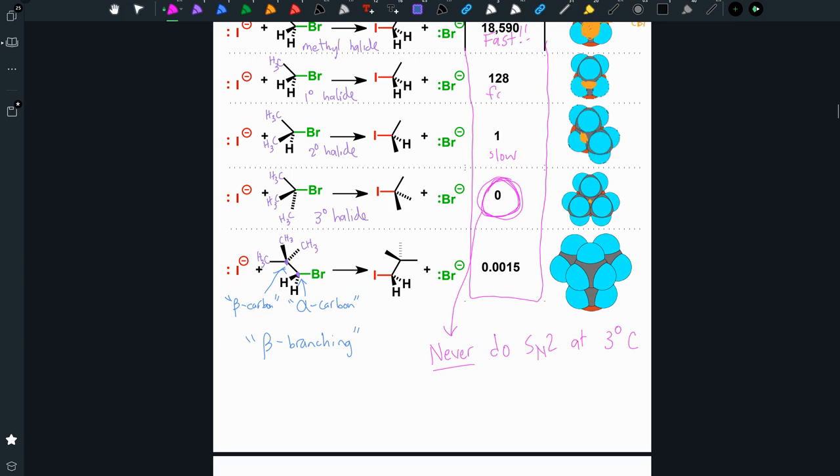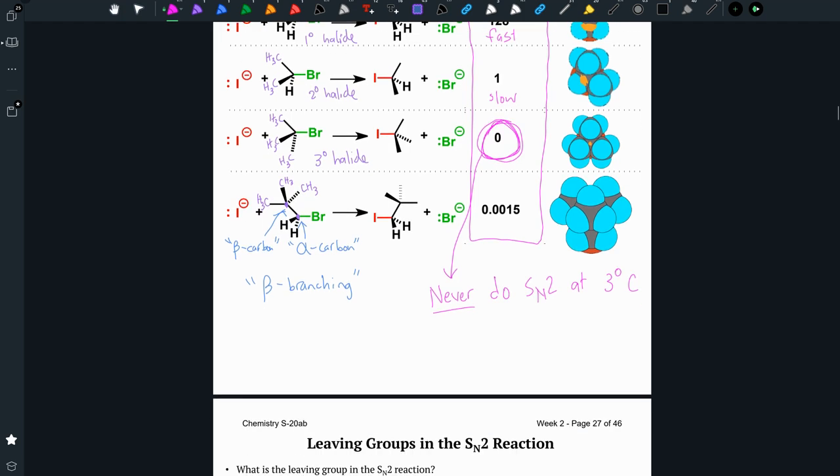At a primary carbon, it's pretty fast. At a methyl carbon, it's very fast. But at a tertiary carbon, it'll never happen. And then we also see that beta branching has a slowing effect, which is why this last case where you have all that beta branching, that SN2 is relatively slow. It still happens, but it's relatively slow.